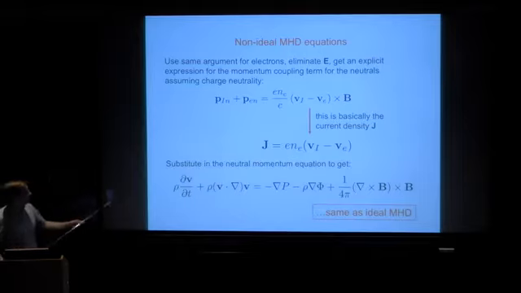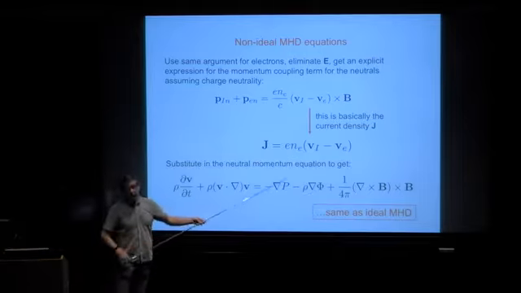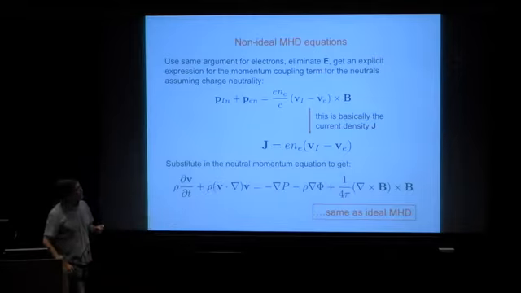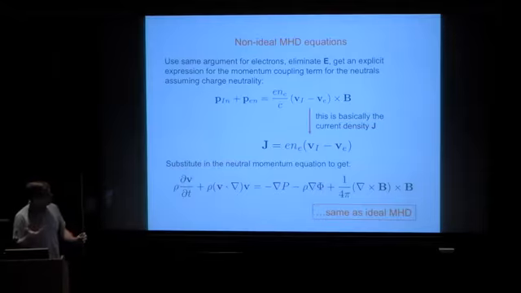We have the pressure gradient, the gravitational piece, and a magnetic piece, which is basically J cross B on the right-hand side. That's gotten us to the momentum equation, and we've gotten there without ever having to say anything about exactly what the coupling between the different species actually was. The whole point is that we managed to eliminate that.